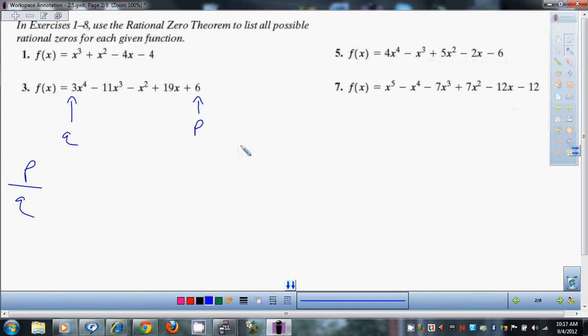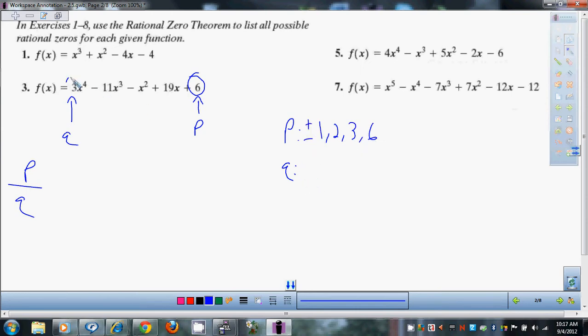First thing you're going to do on 1 through 8, and this is all you have to do, is list your P's and Q's. So just like Houston found the factors of 6, we are going to find all the factors of 6. What numbers multiply to get to 6? 1, 2, 3, and 6, positive or negative.